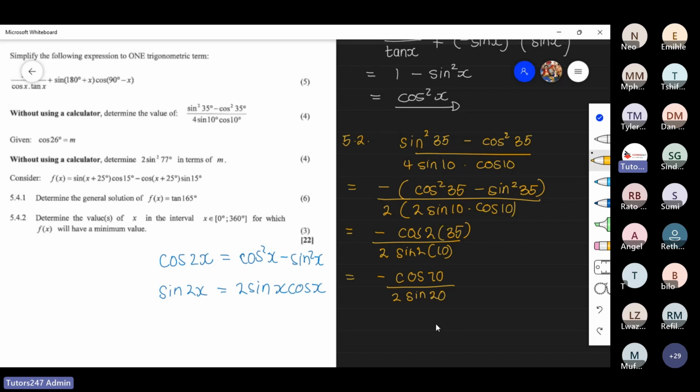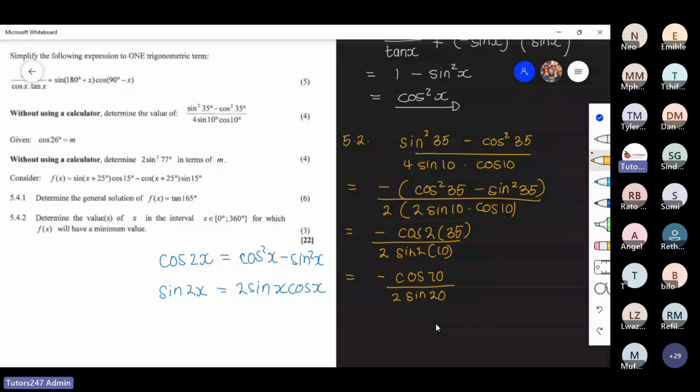Now, there's something important that you need to be able to identify once you get to this point. That is co-ratios. Always remember that anything that adds up to 90, or when subtracted gives you 90, or when there's an actual 90 within the expression, always think of co-ratios.